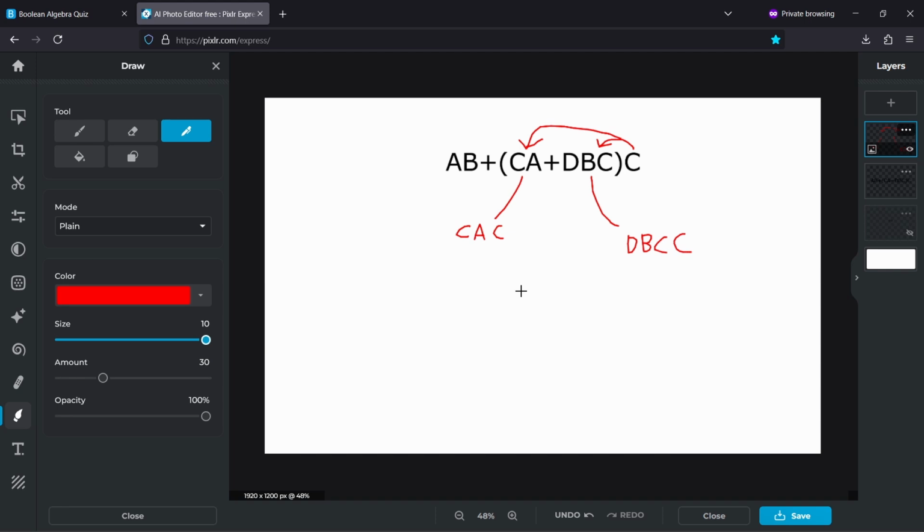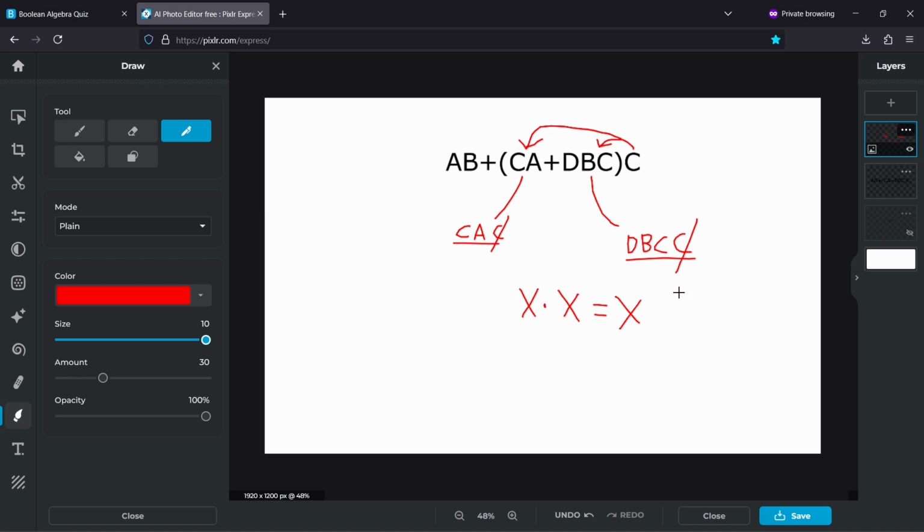However, based on what we reviewed in the first step, in Boolean algebra, anything ANDed with itself is equal to itself. So anytime you have a term like this or this, where you have two of the same variables, C in this example, you could simply eliminate one of them and it will have no effect on the final answer.